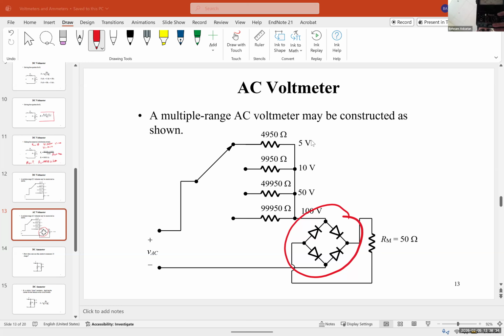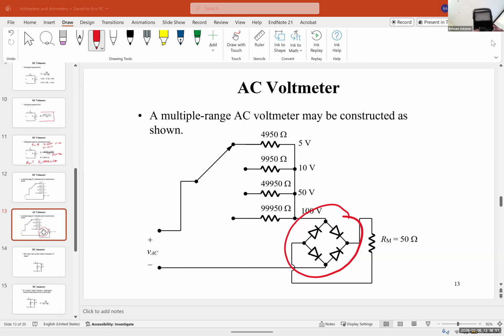Now, if you look on this again, you can see it has a knob that has AC and DC. Can you see it? I don't know if you can see it. You can see DC and AC.